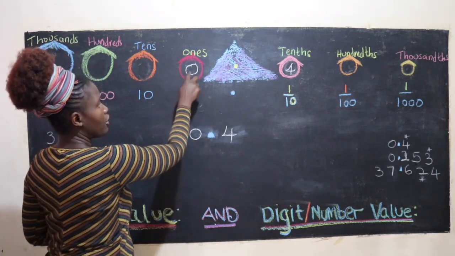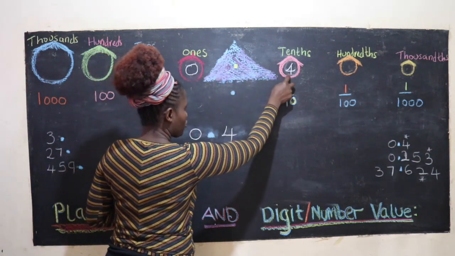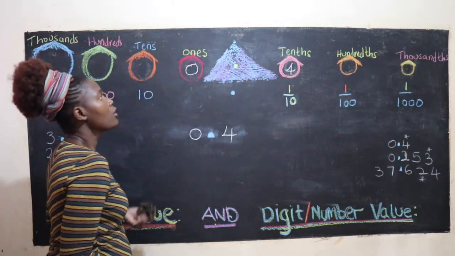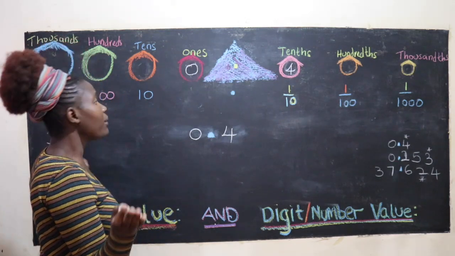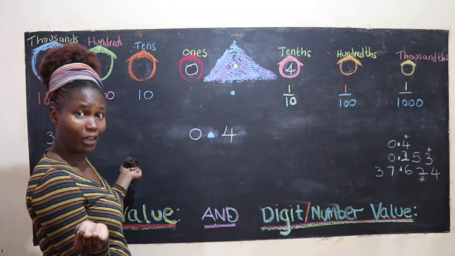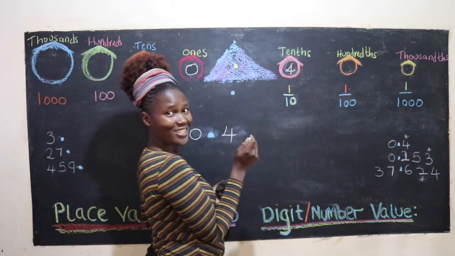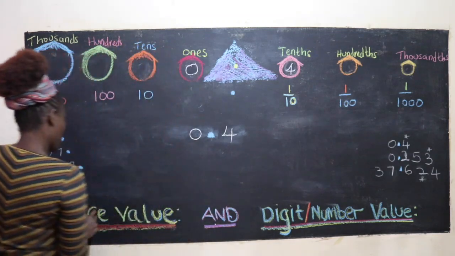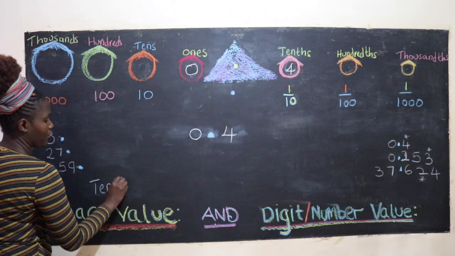So we have 0 and the decimal, and then there is 4. Where is the home of 4? What is the place value of digit 4 now? Tell me. Tenths. And you come to write the name here. It is tenths.